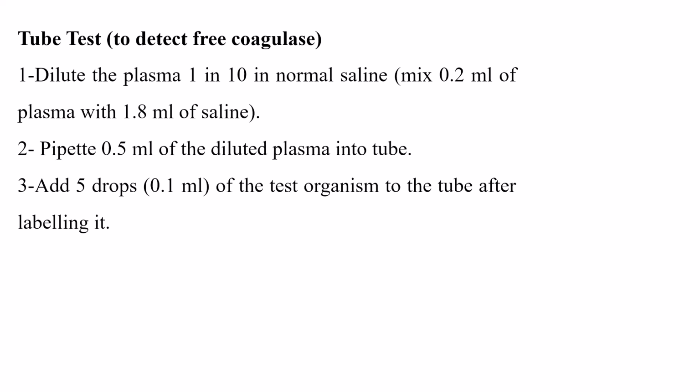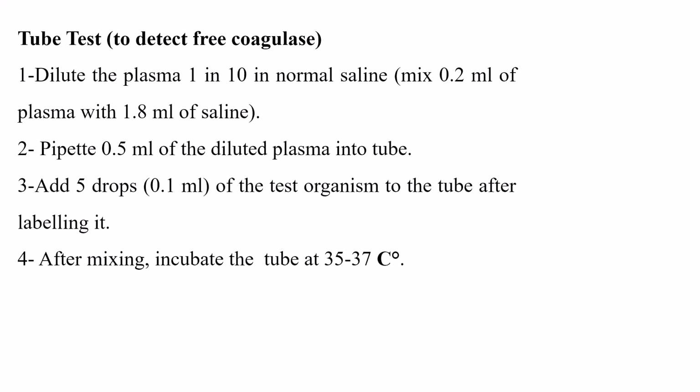After that, we will add 5 drops, about 0.1 ml, of the tested organism to the tube after labeling it. So we need broth here, and we will add 5 drops of that broth culture to the 0.5 ml of diluted plasma in the tube.